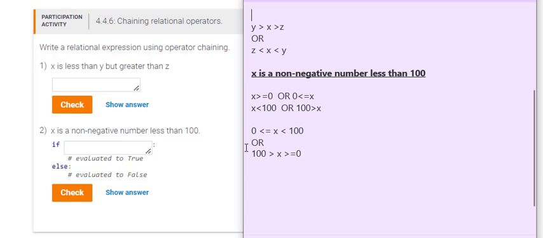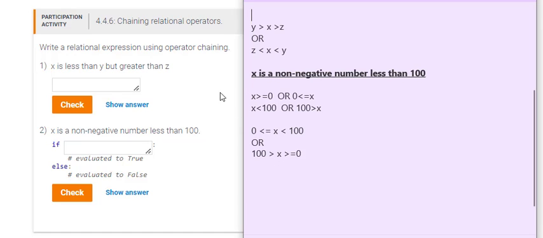So the other way that we can do that is using the greater than, and we'll find the greater than here. We know x is greater than or equal to 0. Keeping that x in the middle, then we're going to say that 100 is greater than x right here. So you just have to keep in mind the variable you're comparing, the common variable, is in the middle.